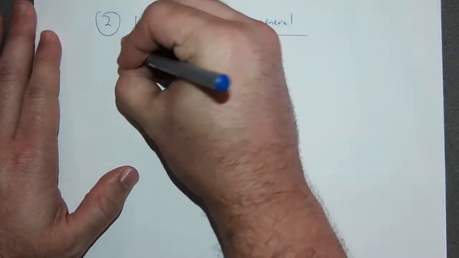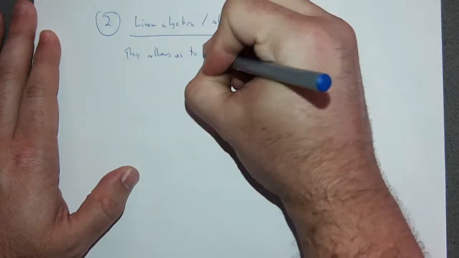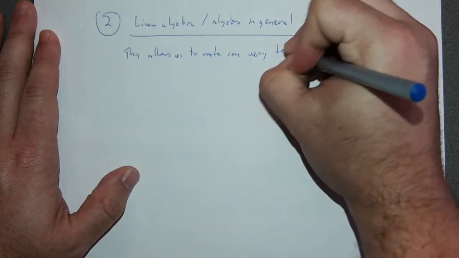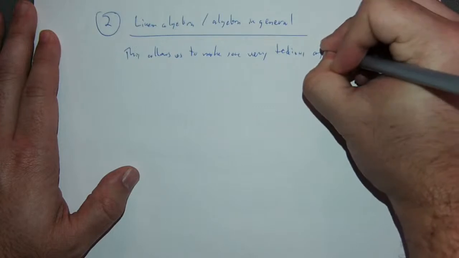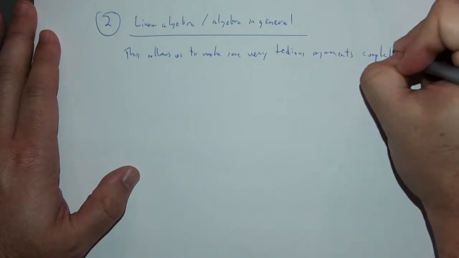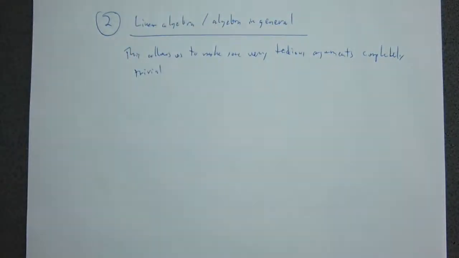So this allows us to make some very tedious arguments completely trivial, or mostly trivial. At the bare minimum, we get something to deal with that's much, much easier than if we were to try to do this in the Euclidean way.